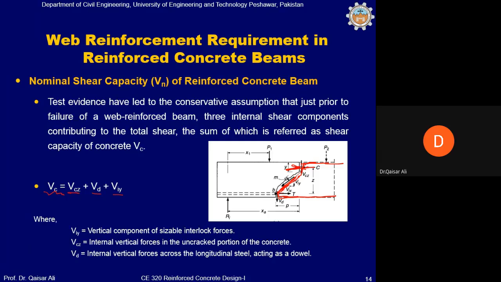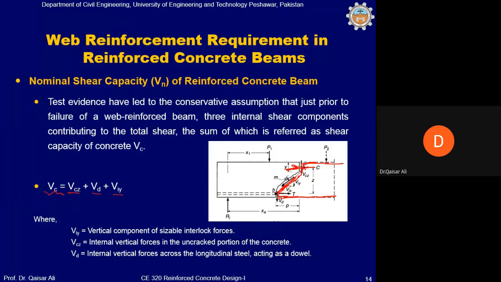The sliding of the blocks will become difficult due to what? Due to the application of compressive forces, because the compressive forces will increase the friction between the 2 blocks, and it will become difficult to slide these 2 blocks against one another.